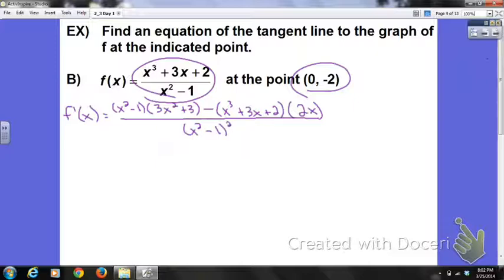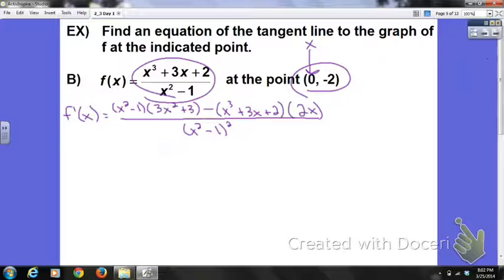Just like we did in the last problem, because we only need the derivative to find the slope of our tangent line when x is equal to 0, we don't need to simplify and risk making any mistakes with the algebra. So let's just plug in x equals 0.